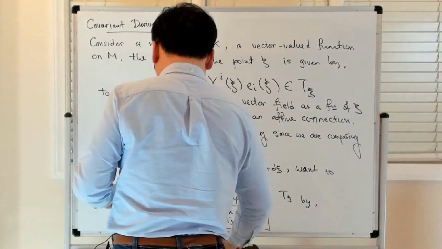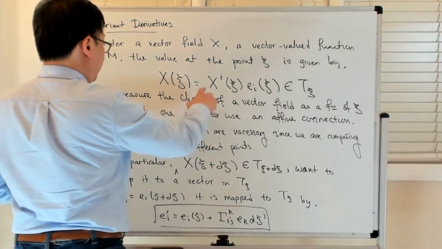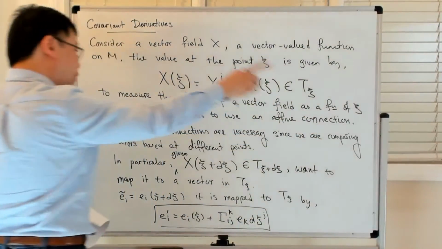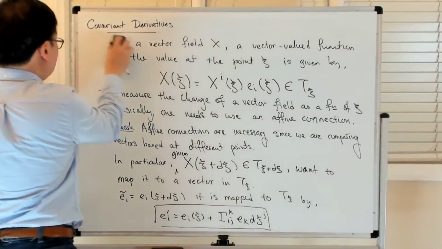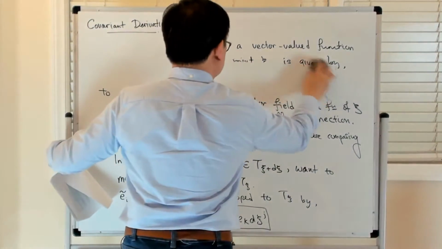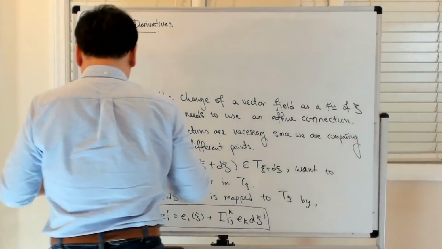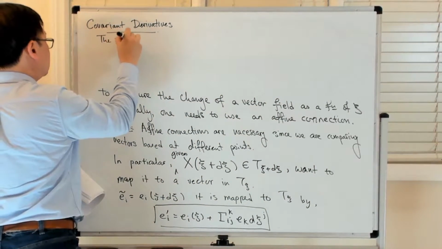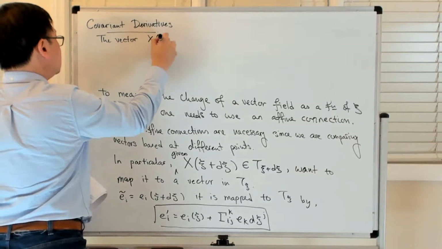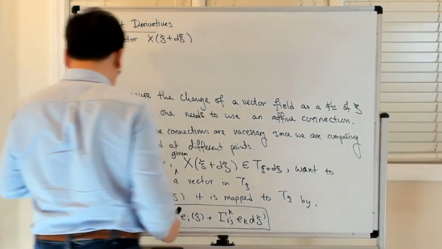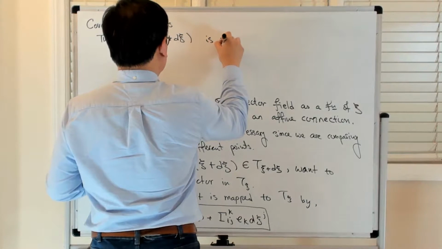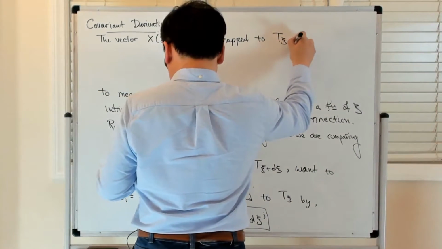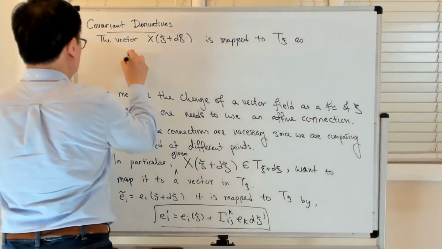Okay, so what that means is that if you have this vector field evaluated at c plus dc, and you want to bring it back to c, the value you get is as follows. So the vector X(c plus dc) is mapped to the tangent space of c as, let's call it X~.